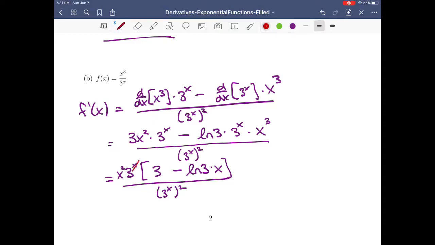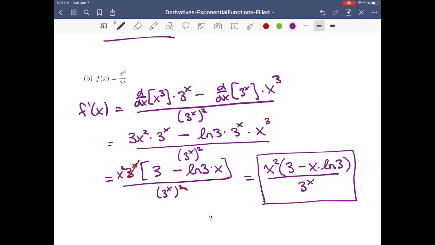Now I can cancel the 3 to the x with one of the 3 to the x's down here. So this is going to simplify to x squared times 3 minus x ln 3 all over 3 to the x. That's the derivative.